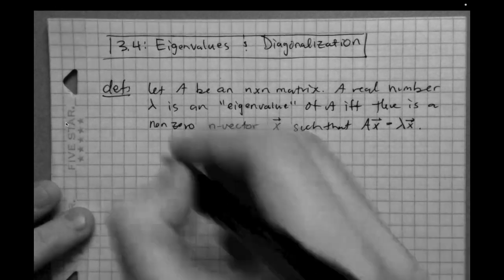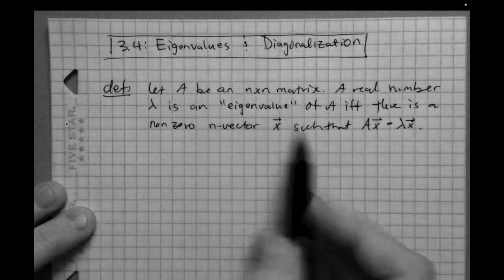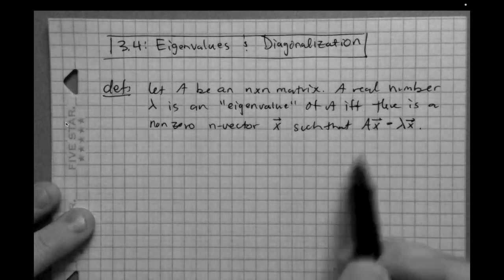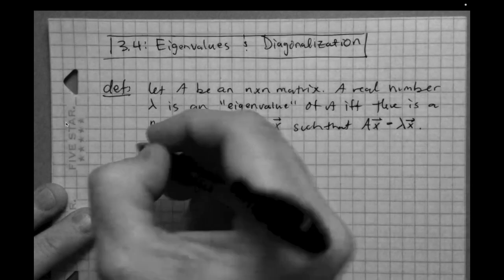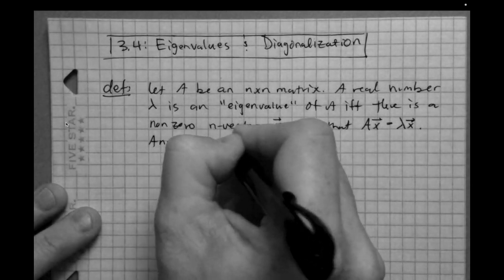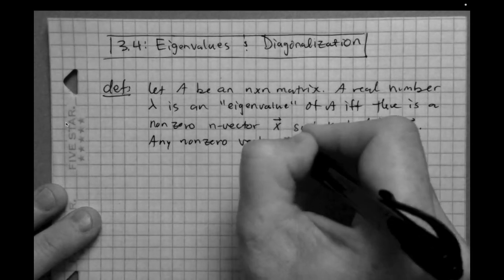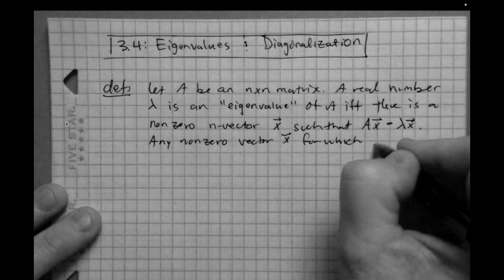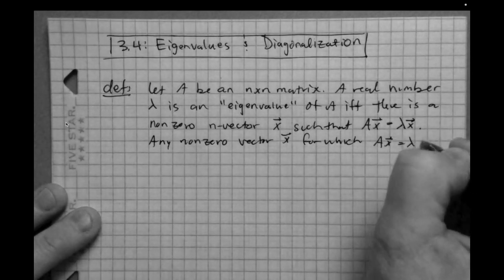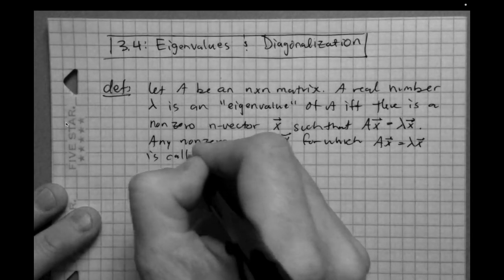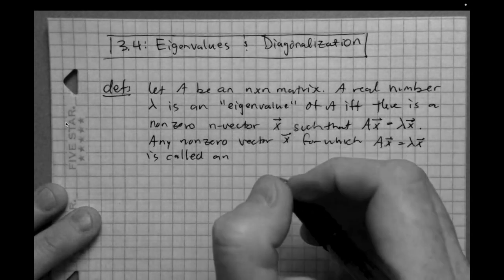To go along with an eigenvalue, we usually have to talk about an eigenvector, and these vectors x are eigenvectors. So we say that any non-zero vector x for which Ax equals lambda x is called an eigenvector.